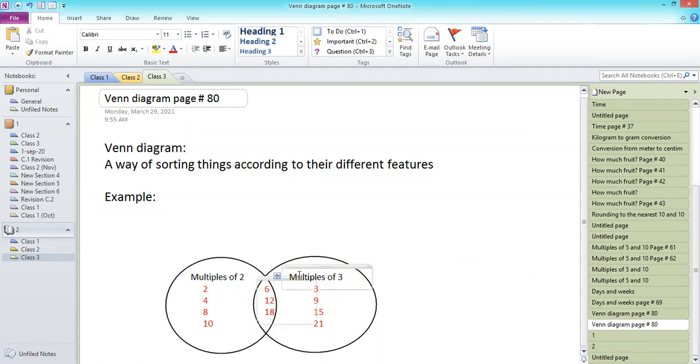But what is common in multiples of 2 and multiples of 3? 6 is a multiple of 2 as well as of 3. 12 is a multiple of 2 as well as of 3. And 18 is also a multiple of 2 and also of 3. Otherwise, these numbers are only multiples of 2 and these numbers are only multiples of 3.